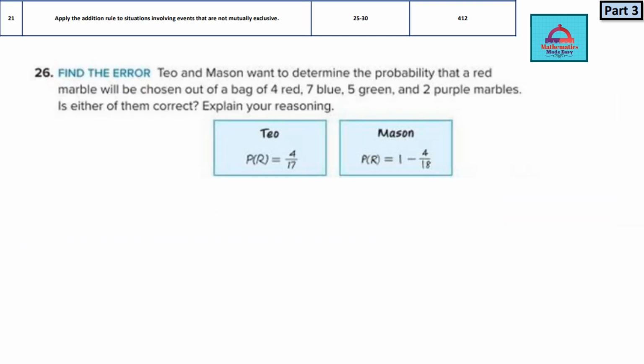So the first question that I'm taking in today's session is question 26, which focuses on learning objective 21. So here, if you see carefully, there are two boys, Theo and Mason, and they want to determine the probability that a red marble will be chosen out of a bag. And what all is there in the bag? Let's draw a rough figure and it'll be easy for us. So there are 4 red.